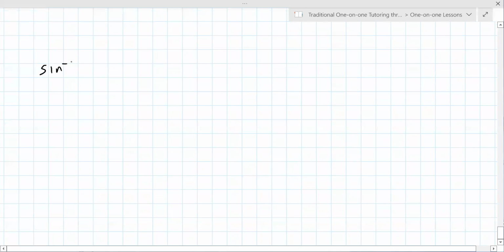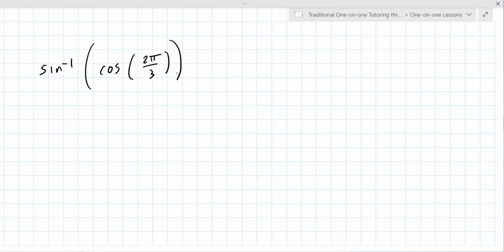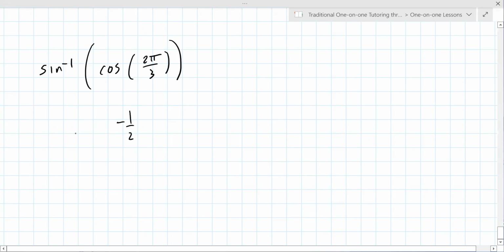So let's try another one here. Sine inverse of cosine of 2 pi over 3. Cosine is negative 1/2 here.